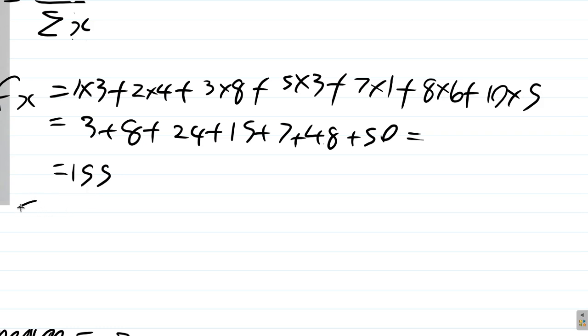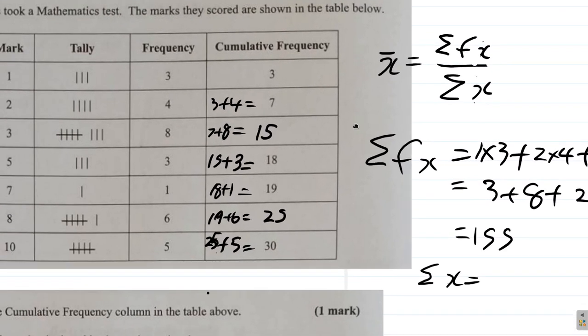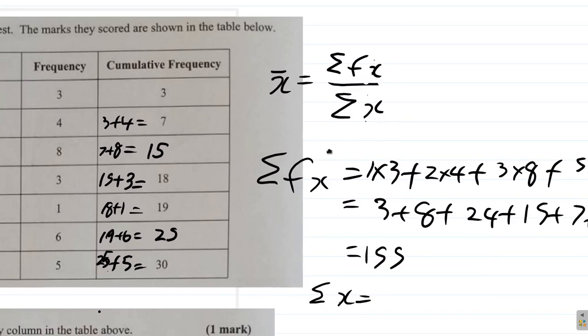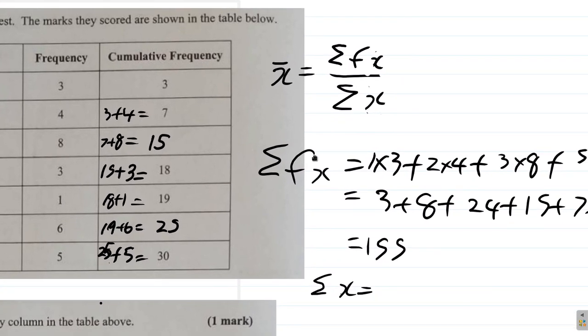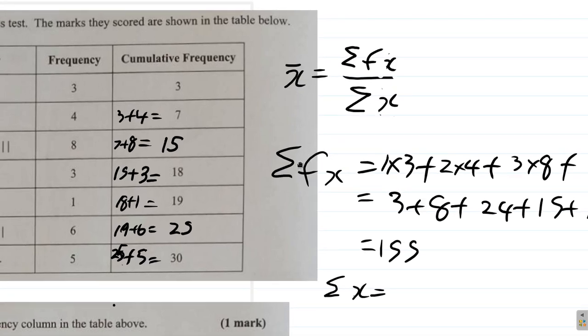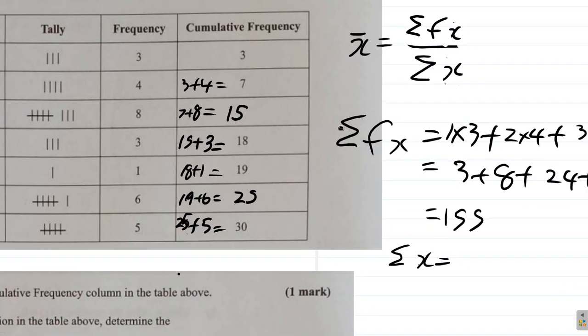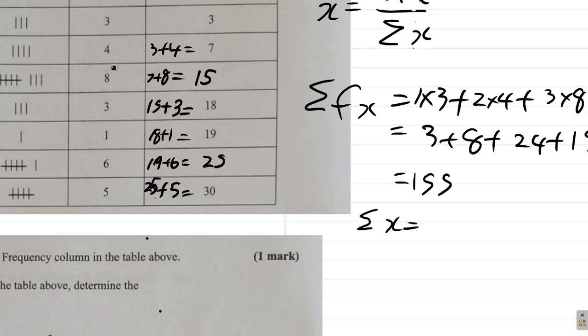Now the sum of x. Alright, so here you have 30 of them, right? 30. Because if you add up 3 and 4, 7 and... well, we added up these already.